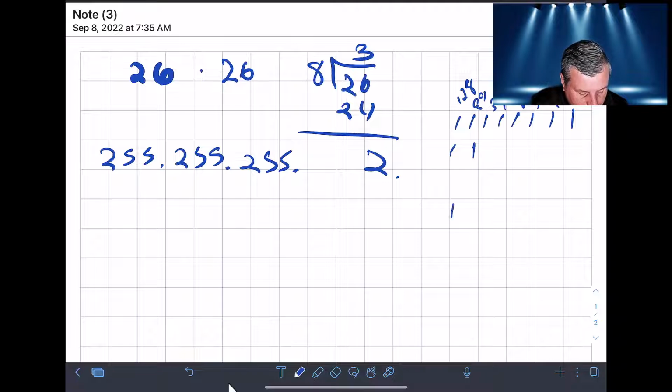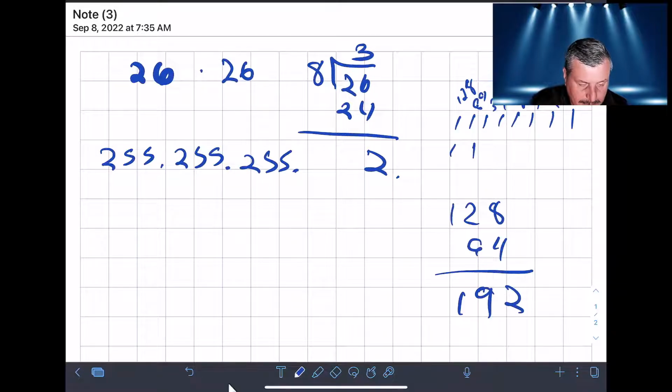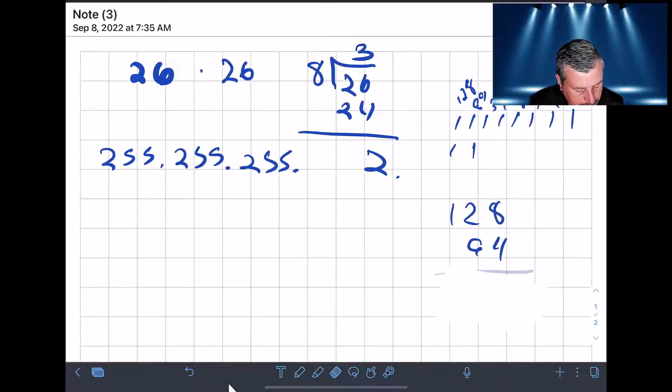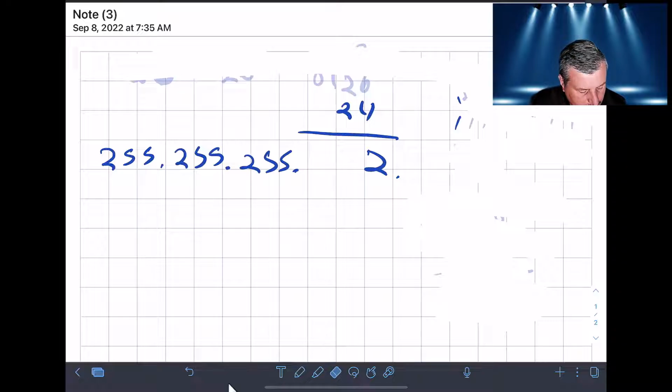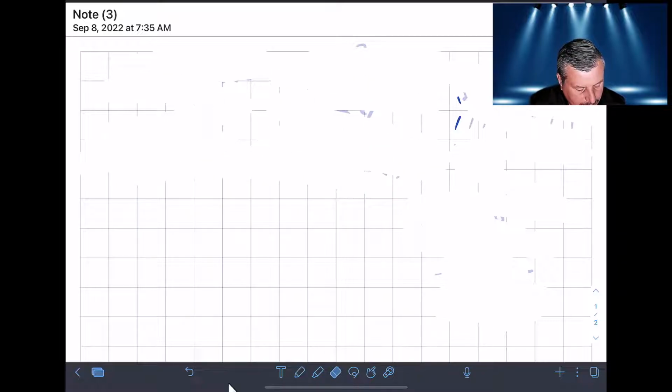So if we add 128 plus 64, that gives us 192. That's how I came up with the mask of 255.255.255.192. All right, cool. That takes care of that.